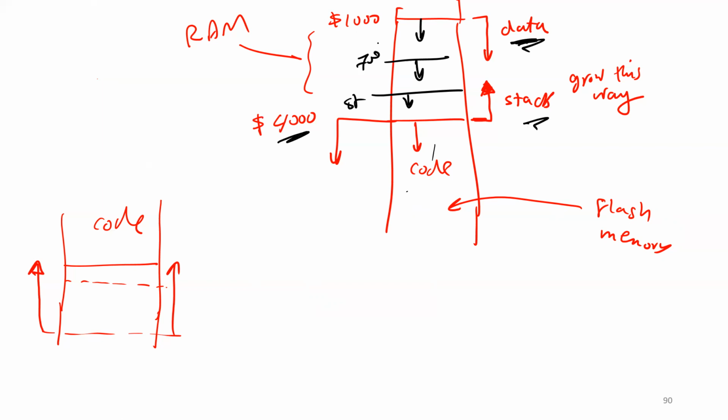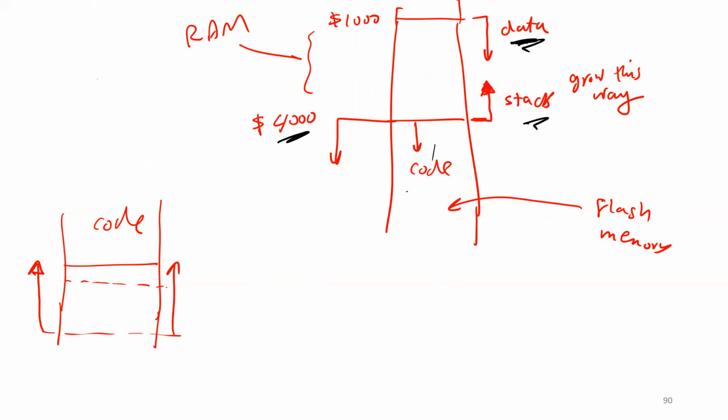You didn't manage the memory well. For example, if I put my code here and my data here, and you continue writing, you are going to overwrite your code, right? Same thing for the stack. You are going to go back. So I found the best way is to give you the maximum space for data, for stack, and for code.